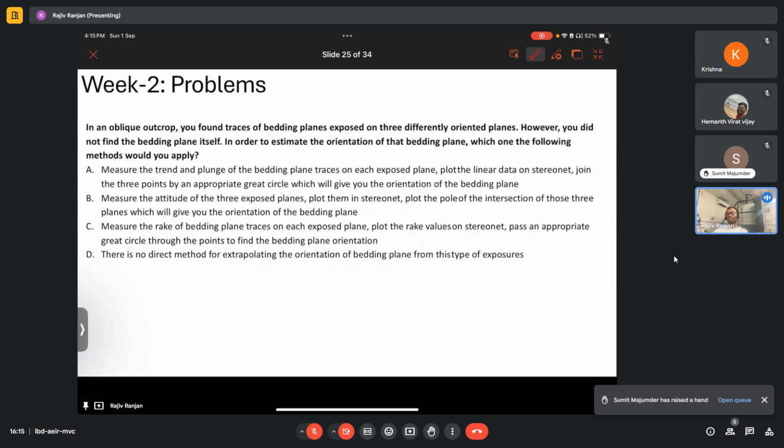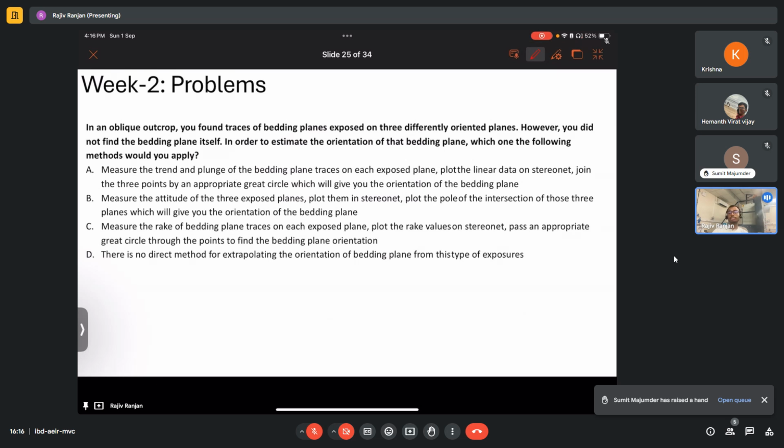Okay, so this is something related to the lecture. If you have been through the lectures, you will definitely answer this question. The question says, in an oblique outcrop, suppose you go to a field and you see an oblique outcrop, not a very horizontal or very vertical, straightforward outcrop.